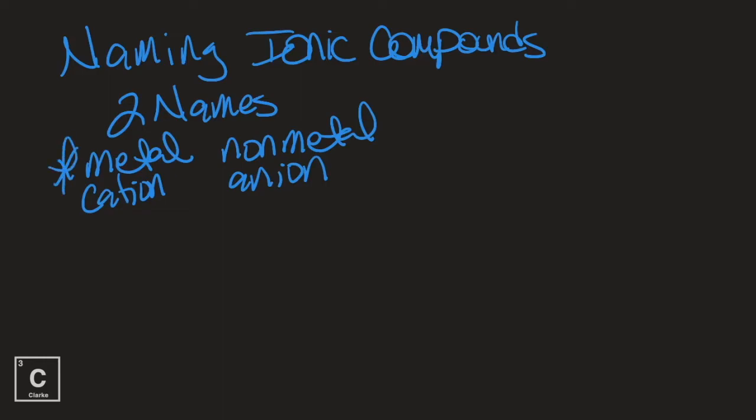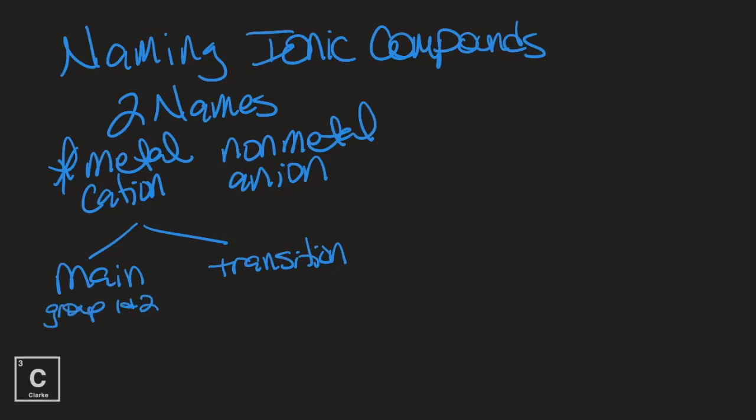And it's all about this metal. Ionic compounds can be made of one of 2 metals, a main metal or a transition metal. I consider all of the metals in group 1 and 2, and then just aluminum, to be main metals. Metals where you can look at the periodic table and tell what their oxidation number is. Main metals.